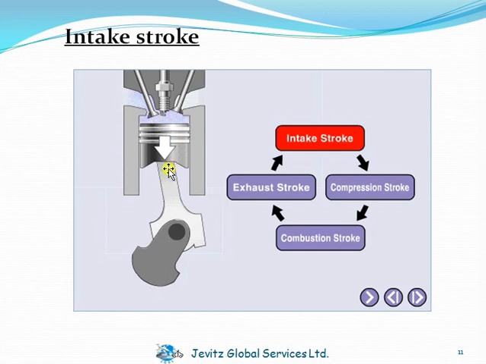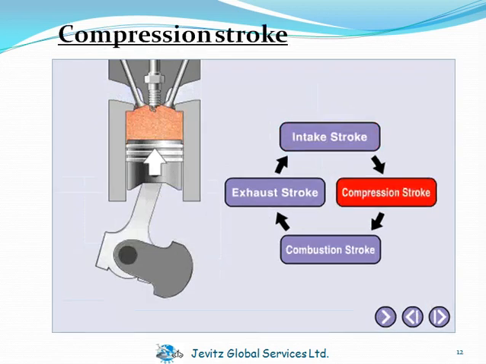Then the downward stroke of the piston causes the air fuel mixture to be drawn into the cylinder from the open intake valve. So air and fuel is drawn in during the intake stroke of a gasoline engine. As the piston moves down, a vacuum is created. As the intake valve opens, the air and fuel mixture enters the cylinder.